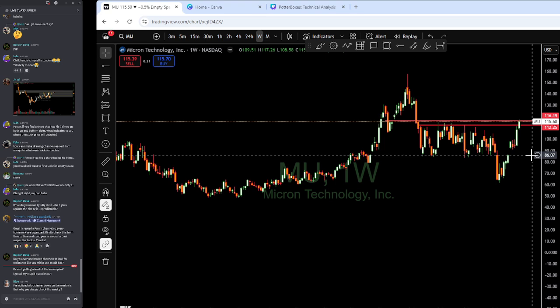The weekly is actually one of the only reasons I still feel that next week, if we go back up, we will stay in range for at least a week because of the rejection of the weekly floor last week.